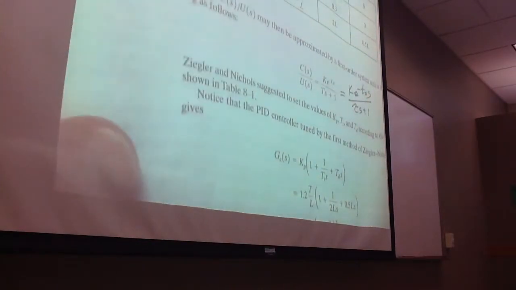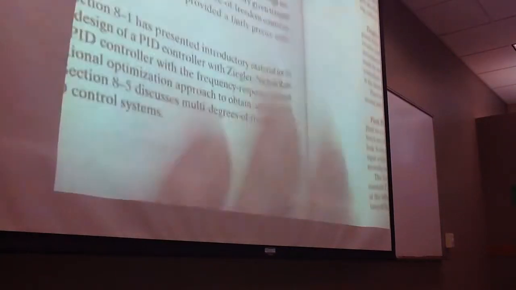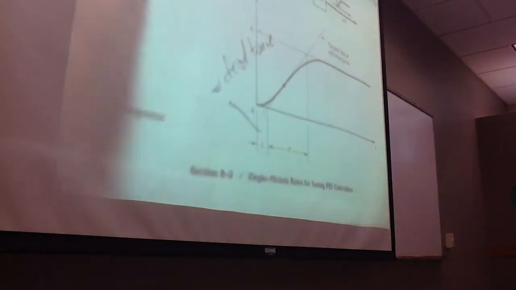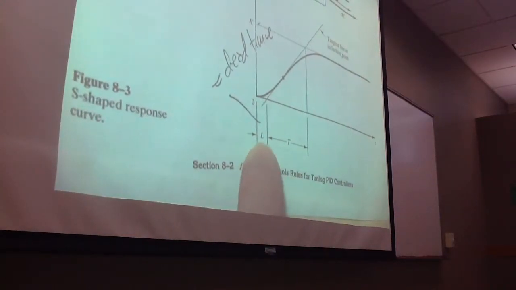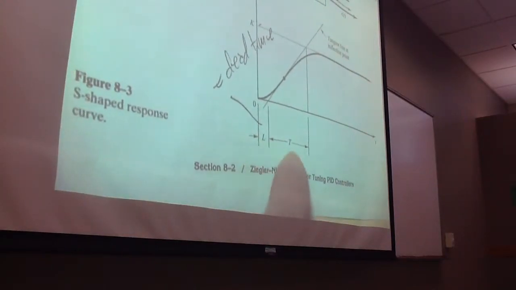The reason I know that is because I look on the preceding page, and there's a graph where they tell you what L and T are. L is the dead time, and T is the time constant using the original method used by Ziegler-Nichols.